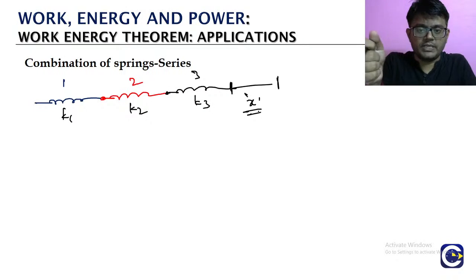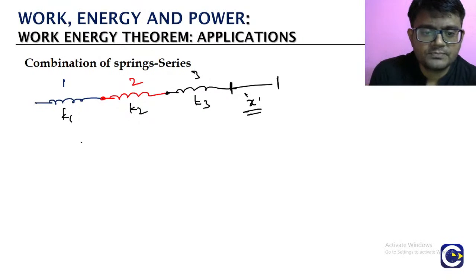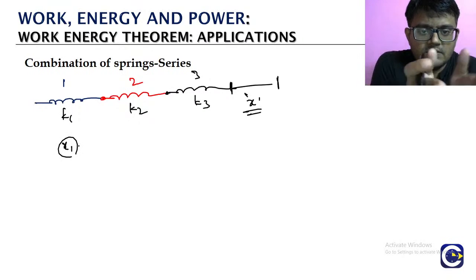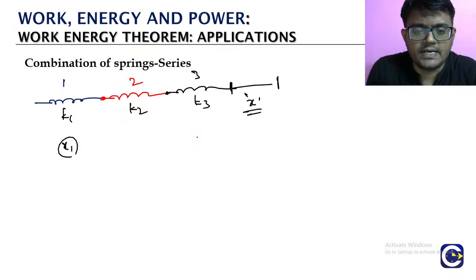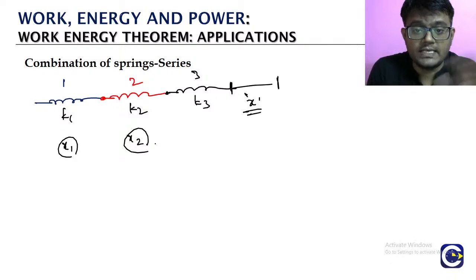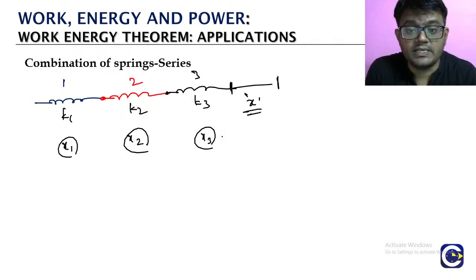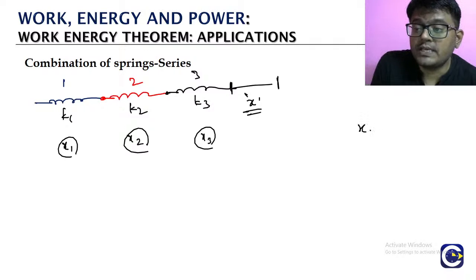You hold the combination, you elongate it by x. Each and every spring will not elongate by x. Maybe the spring 1 will have some elongation, let us call it x1. Spring 2 will have some elongation, let us call it x2. Spring 3 will have some elongation, x3. The total elongation will be what? x1 plus x2 plus x3.